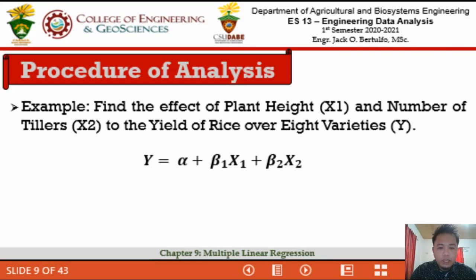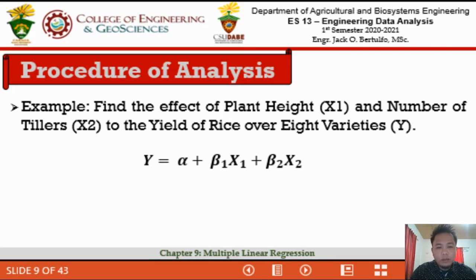So in this experiment, we try to find the effect of the 8 different varieties of rice, of plant height and number of tillers, on the yield. Our hypothesis or assumption is whether taller plants give a bigger harvest, or whether more tillers give more yield, or something else.